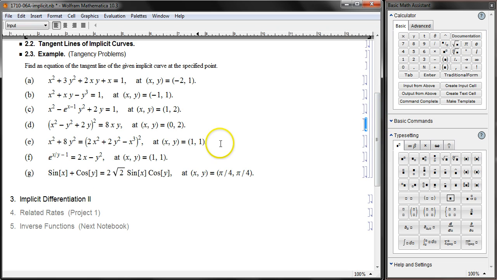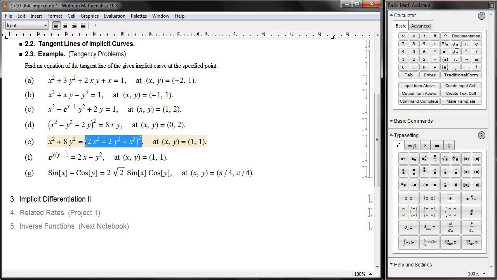Oh, still a little bit more time. Okay, we'll have time to talk about this one. Okay, that's good. Let's do the same thing. Let's take the derivative of the left hand side. Derivative of x squared, 2x, that's a piece of cake. Derivative of 8y squared, 16y y prime. The key is to handle the right hand side. What do we use?